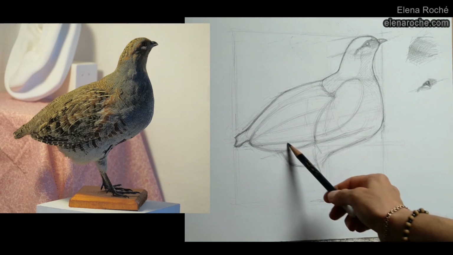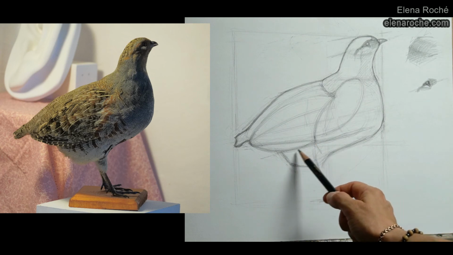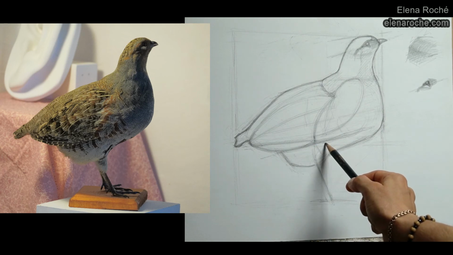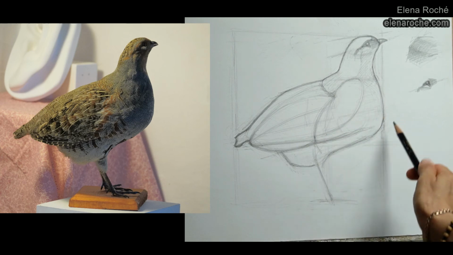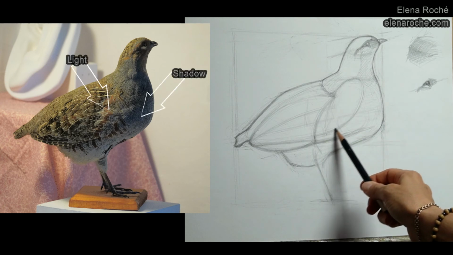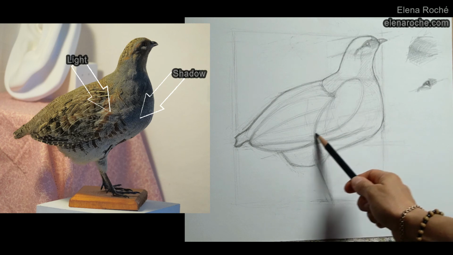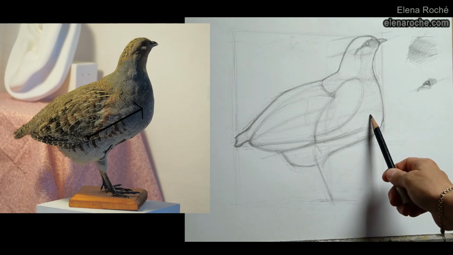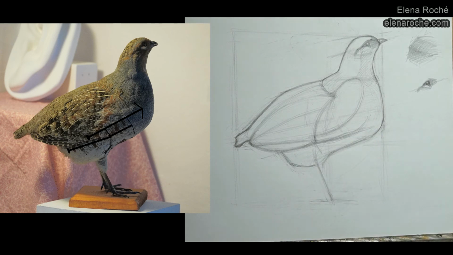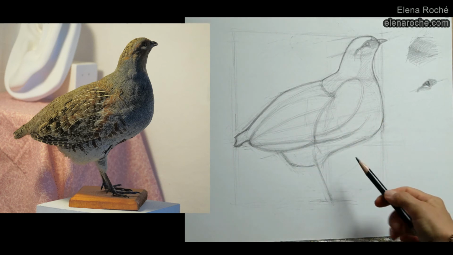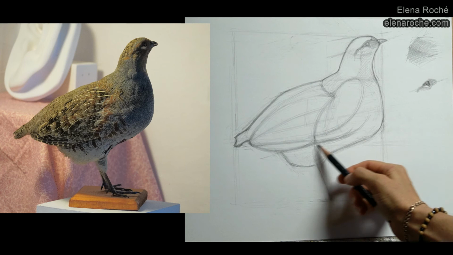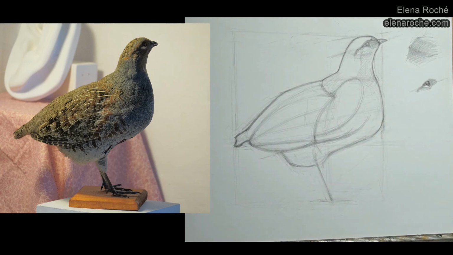So I have this line here, I have this connection, there's a little bit of a change in how this wing looks, but I'm also seeing that the definite shadow, this is more in the light, this is definite shadow, is right here, and I'm seeing how this direction compares to this direction, and the break, like a little dipping in the main wings, I guess they stop around here, but there's a little bit more of a change in reflection, something in the feathers, a little bumpiness, that continues a little bit more this way.